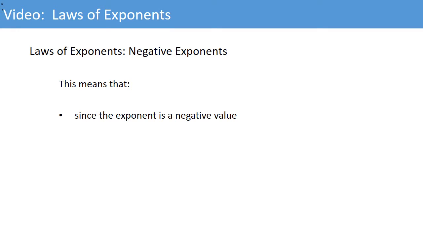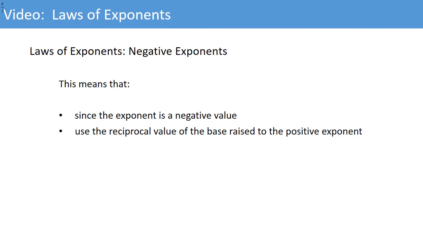This means that since the exponent is a negative value, use the reciprocal value of the base raised to a positive exponent. What does this mean, you ask? Simply stated, a to the exponent negative 4 is equal to 1 over, which sets up your reciprocal, a to the exponent 4, which is the base raised to the positive exponent. Remember, a negative exponent, 1 over a to the positive exponent.